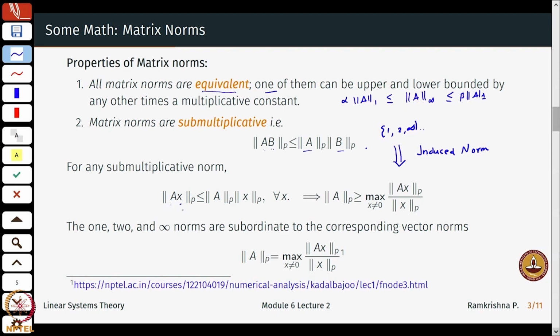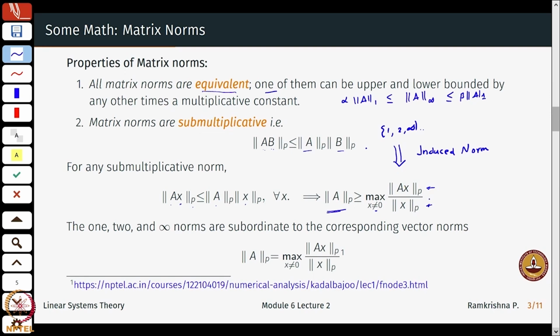The norm of A times X, some p norm which could be 1, 2 or infinity, is less than or equal to the norm of A times the norm of X for all X. This would imply that I can rewrite it this way, that the norm of A is greater than or equal to the maximum, with X not equal to 0, of the norm of AX divided by the norm of X.